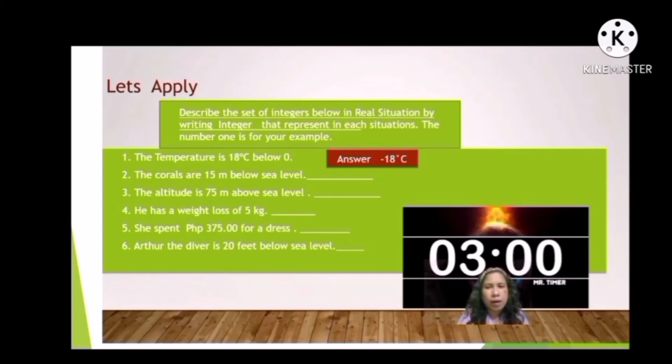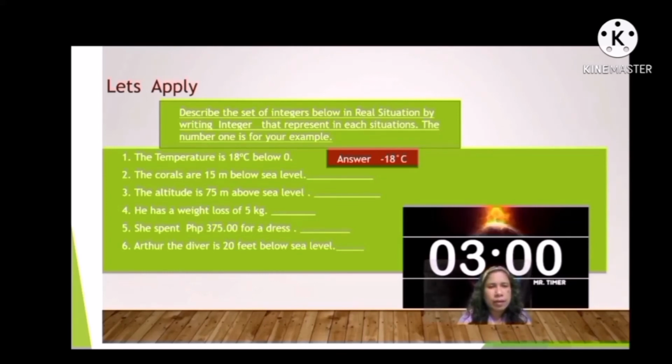Okay, here we are on let's apply. We will apply what we have learned in the above activities. Describe the set of integers below in real situation by writing integers that represent each situation. Number 1 is your example.